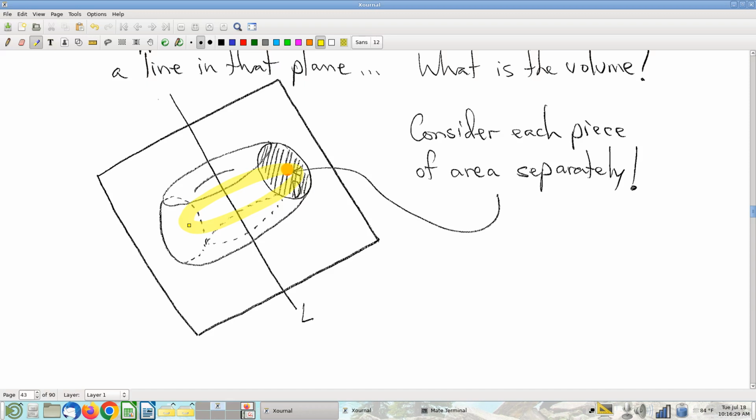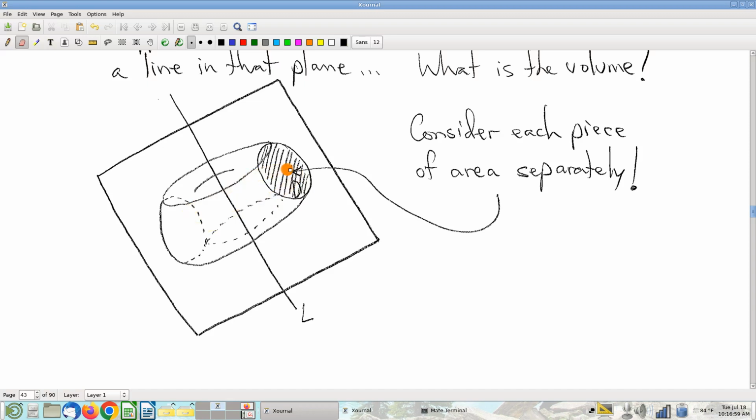When you rotate those pieces, they don't trample over each other. So it's like I'm going to take this rotated volume and slice it circularly or something, right? I'm going to turn this entire thing into a bunch of rubber bands, right? And the total volume is just the sum of the volumes of each one of those little rubber band shaped things. Is that plausible?